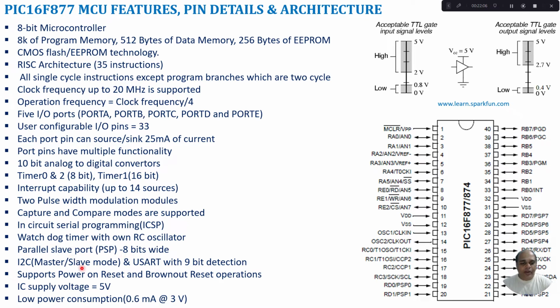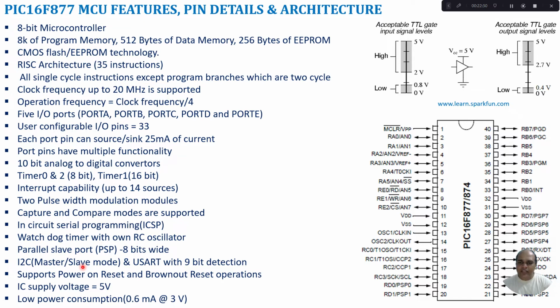Our microcontroller also supports a power on reset and a brownout reset. Power on reset is something like this: whenever we switch on the power supply to the microcontroller, it will take some time for the voltage to get stabilized. Once the voltage gets stabilized, the oscillator frequency starts running.